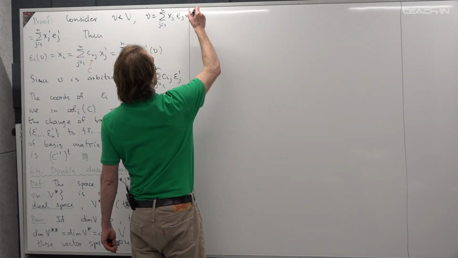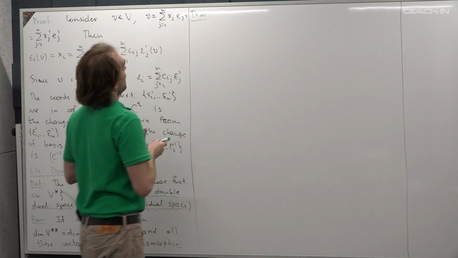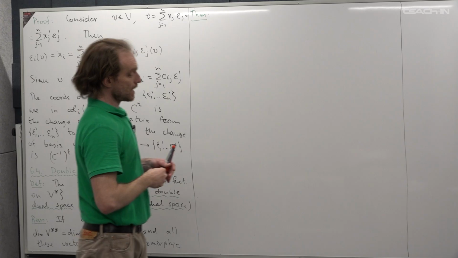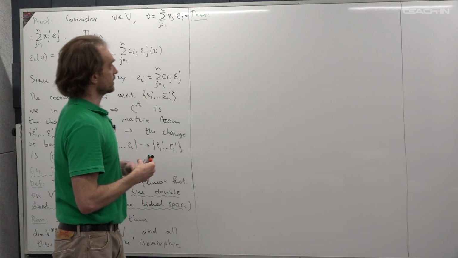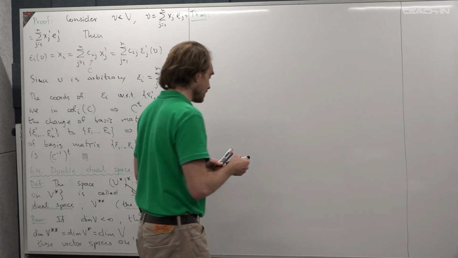Now I'm going to formulate a very important theorem. The theorem about the natural isomorphism between any finite dimensional vector space and its double dual.